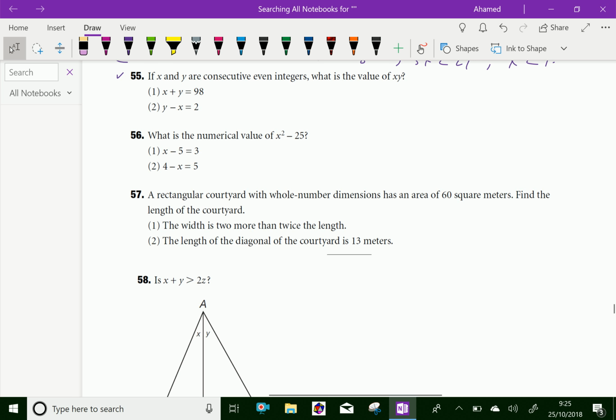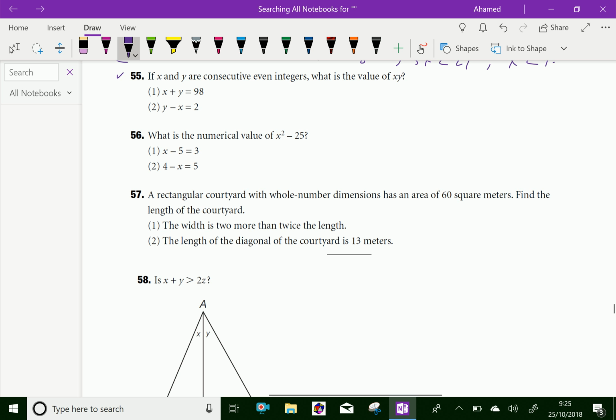Here x plus y is 98, so we can get two numbers, two consecutive even integers, whose sum is 98.